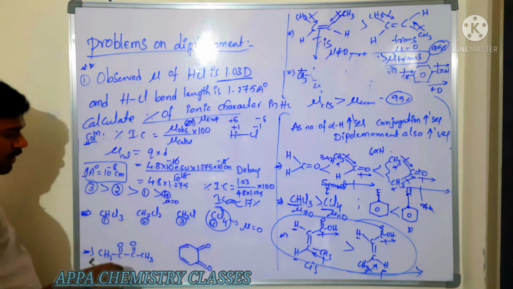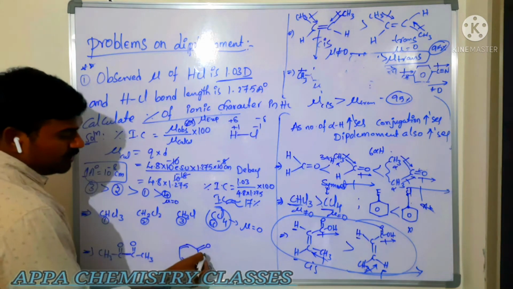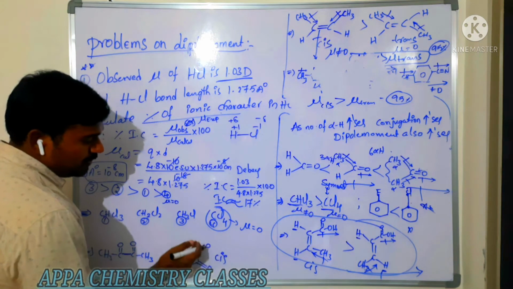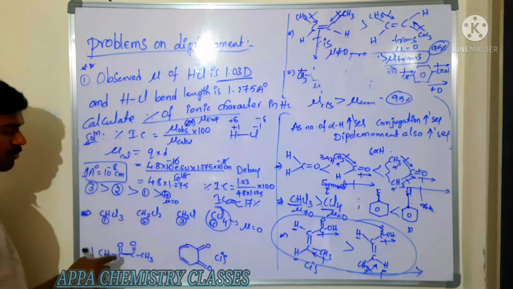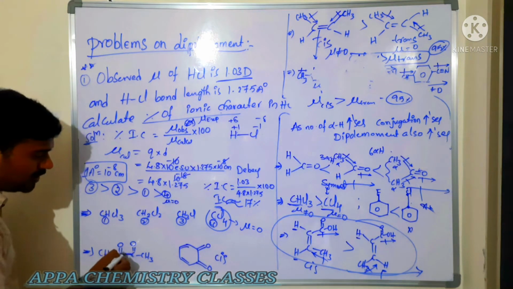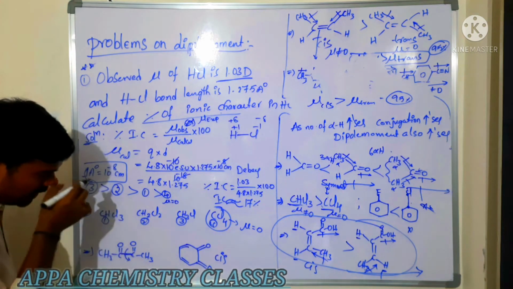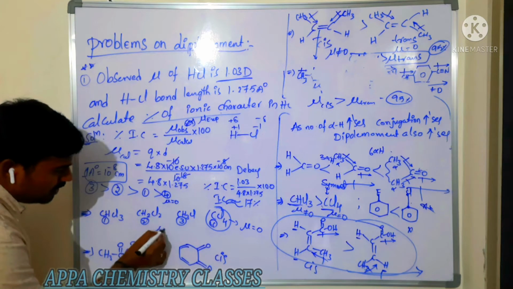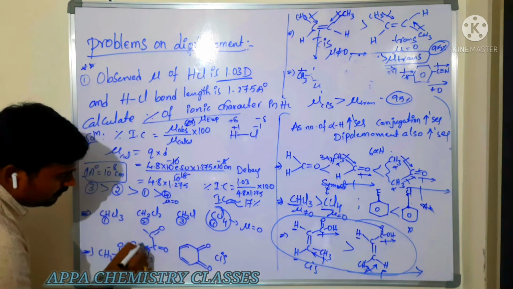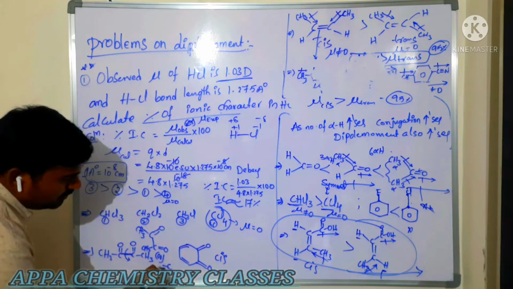And here in this case, which is very very important, both the oxygens are on the same side of the plane. So it is a cis. But what happens here? Here the carbon to carbon single bond is there, which can rotate. So whenever it is rotated, there is a chance of getting the cis like this, and also there is a chance of getting the trans also.